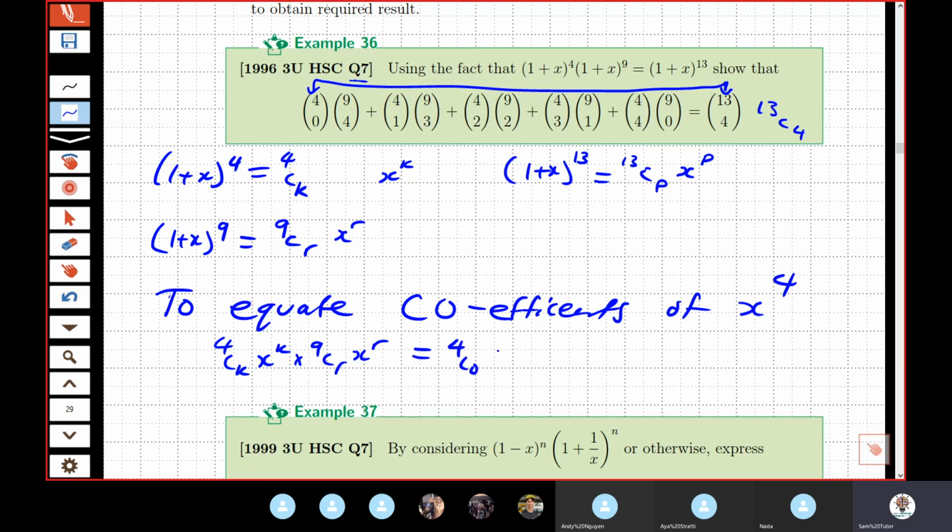So 4 choose 0, 9 choose 4, plus 4 choose 1, 9 choose 3, plus and so on, and then obviously equals 13 choose 4. K is 0, r is 4. K is 1, r is 3, and so on.